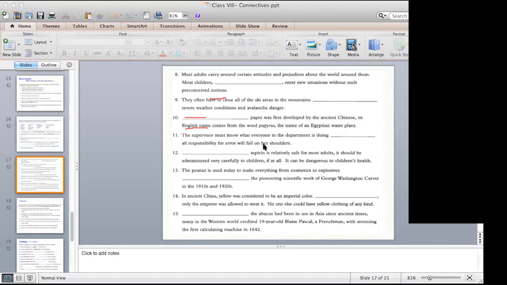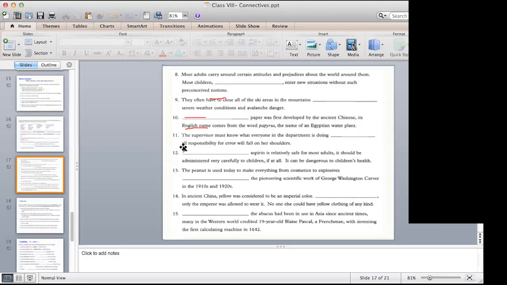Because the responsibility for errors will fall on the shoulders of the supervisor. So it's not because of, no, because all the responsibility for errors will fall. We have a subject and a verb here, so it's not due to or because of, just because, or since, or as. Because, since, all of them are correct. But what do we have in the list? We have just because and since, all right?